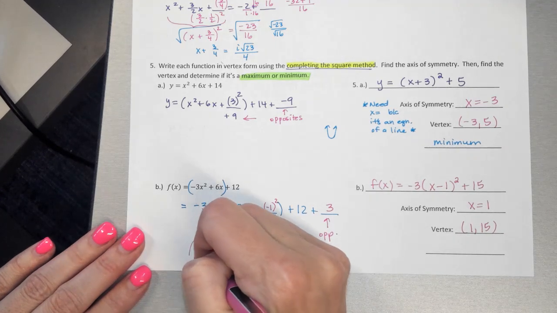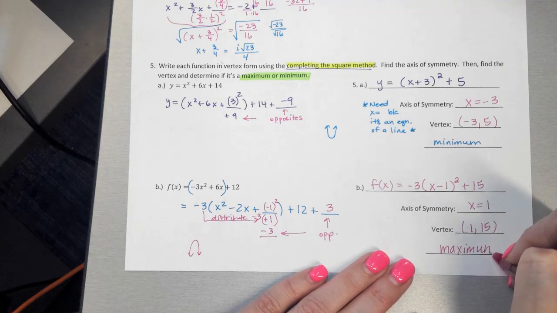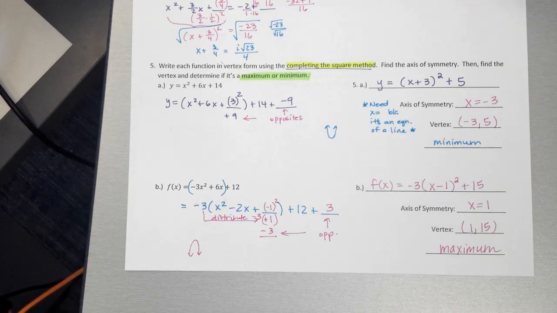And if I have a negative, that means I'm going to have a maximum. Okay, so please double check that you have an equation, that you have axis of symmetry as an equation for your final answer.